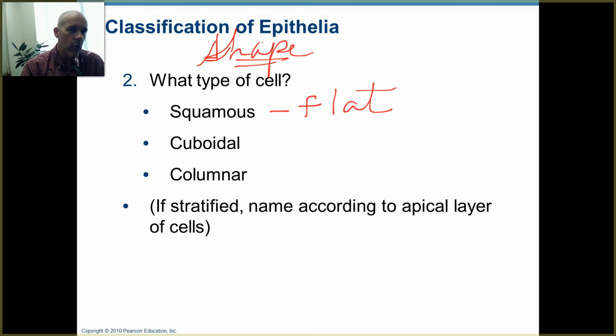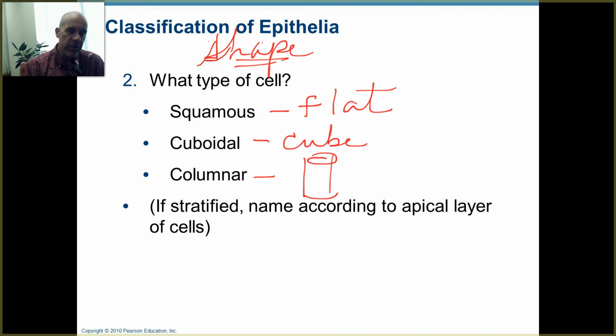If you think about squash, something gets squished or squashed, that's squamous. Cuboidal, as the name suggests, those are cube-shaped cells. And columnar, as the name suggests, those cells are not a perfect, exact, beautiful column, but they're going to be roughly shaped like a porch column.